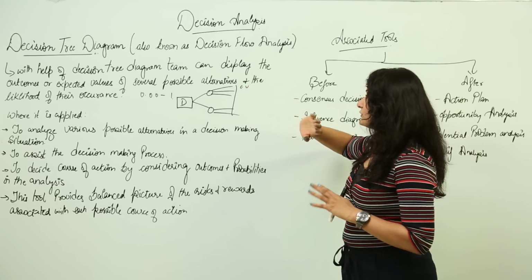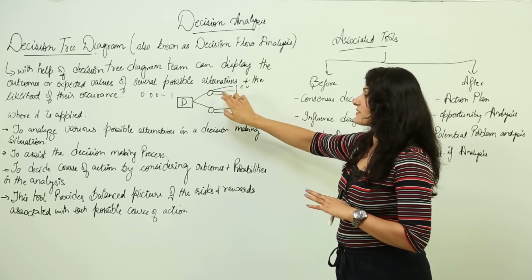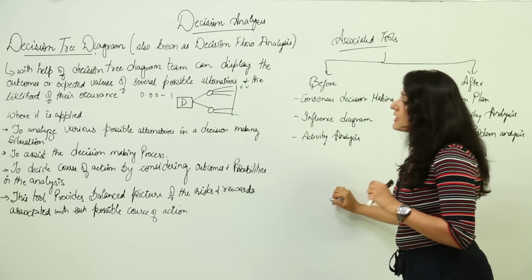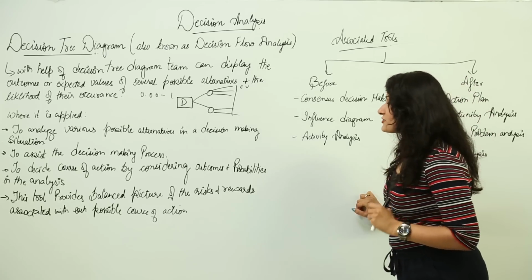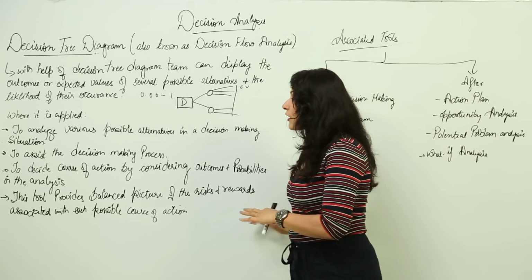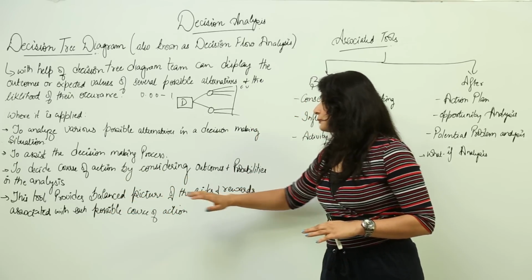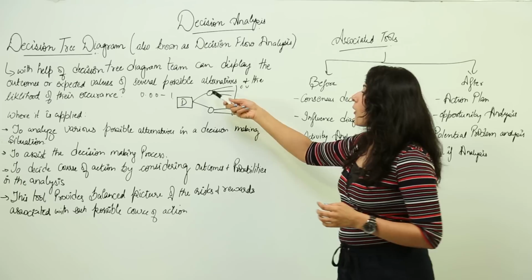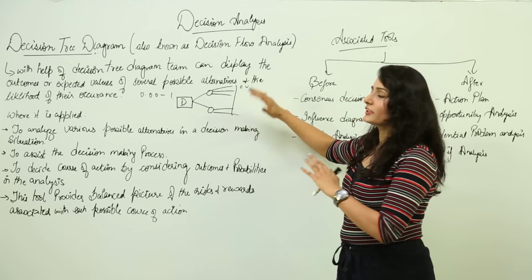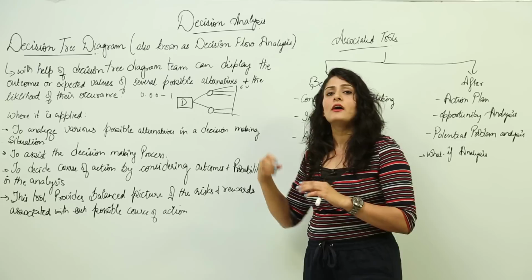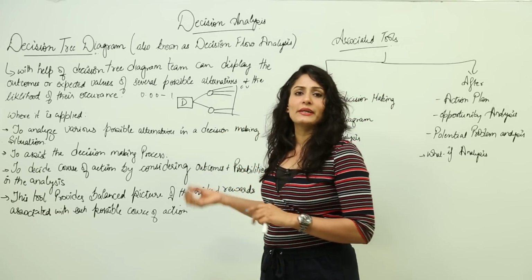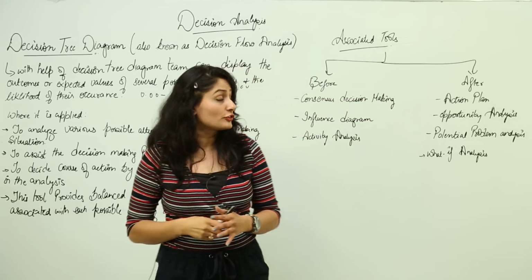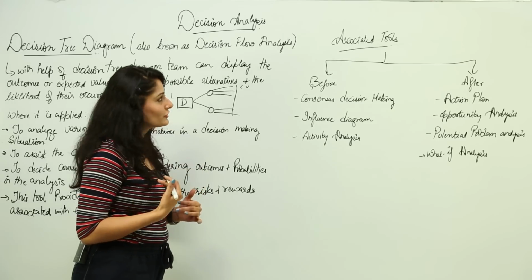So we mention all the outcomes plus their chance occurrences. This tool provides a balanced picture of the risks and rewards associated with each possible course of action. That is, whenever we mention all these outcomes, we also mention their chances of success, their failure, or whatever expected values we can expect from all those decisions or alternative branches.